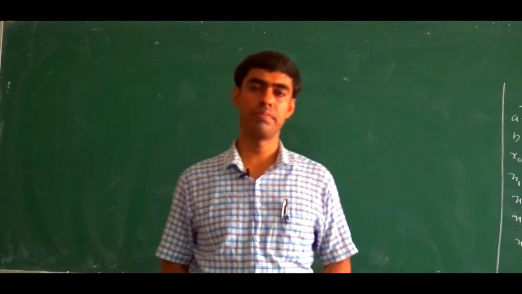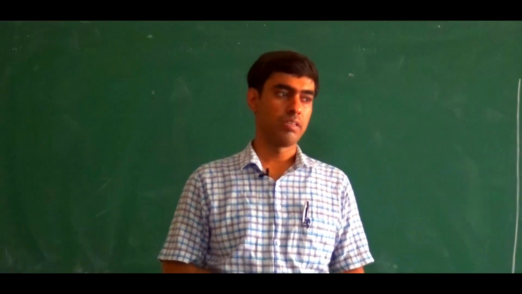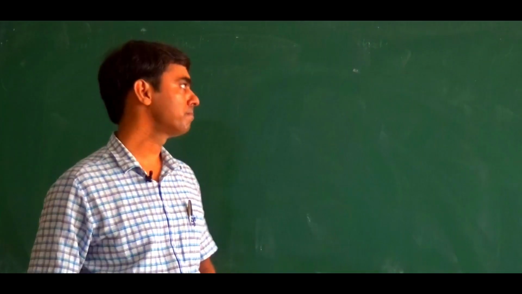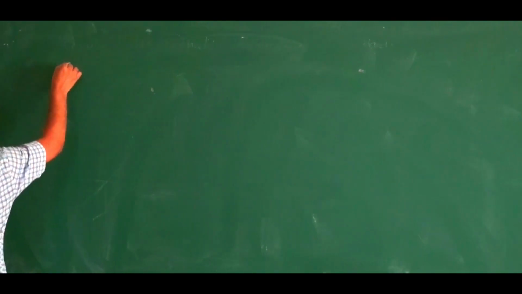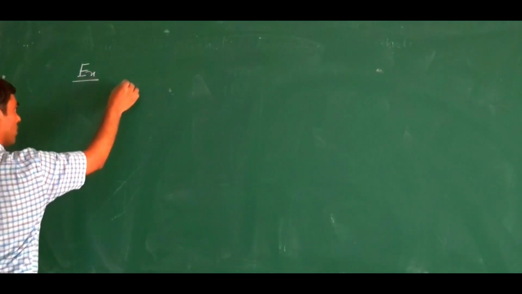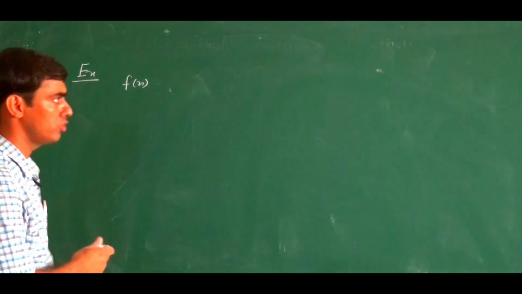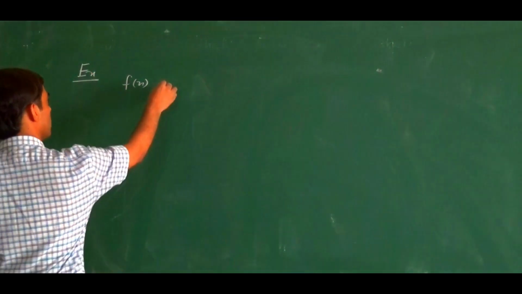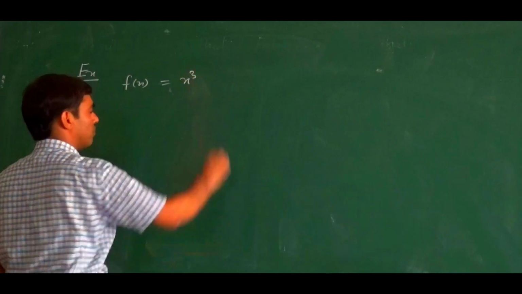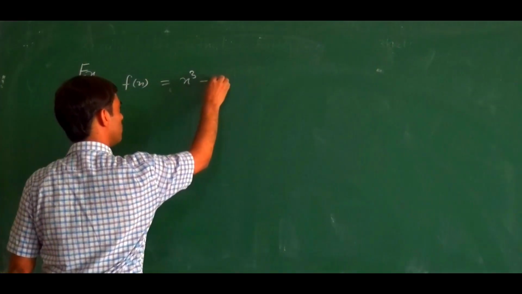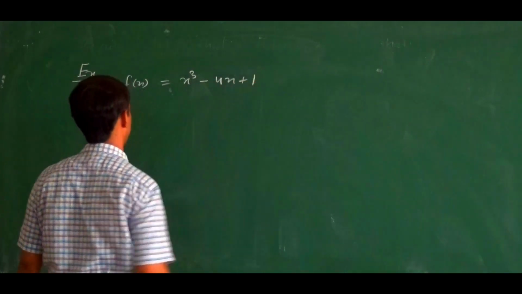We try to find the solution of an algebraic equation with the help of the Regula Falsi method. Now suppose we consider the function f(x) is x cube minus 4x plus 1.